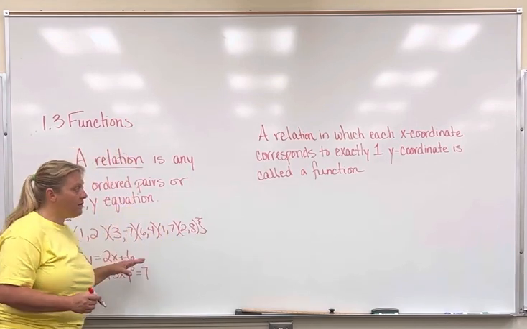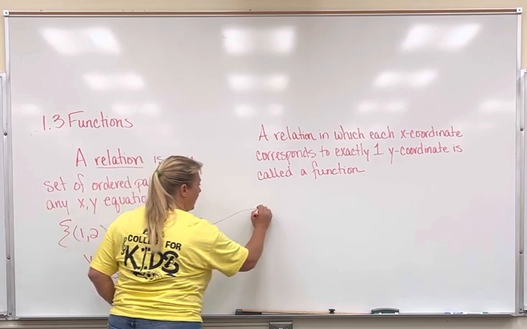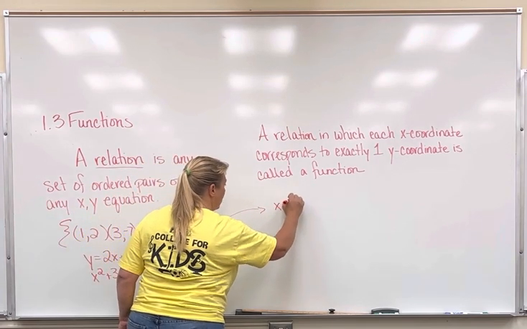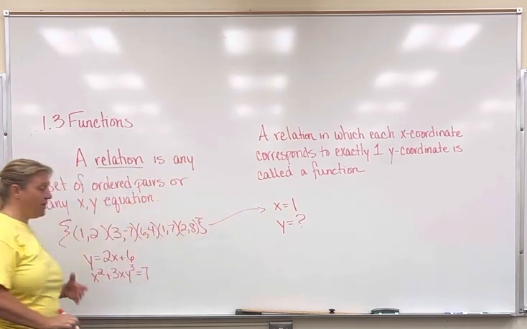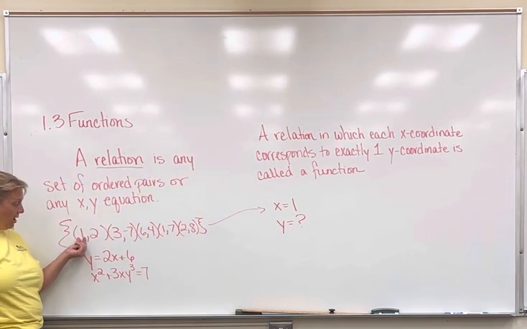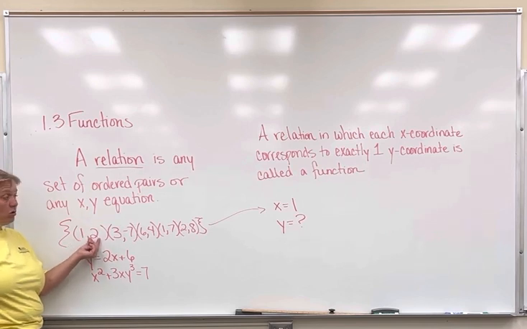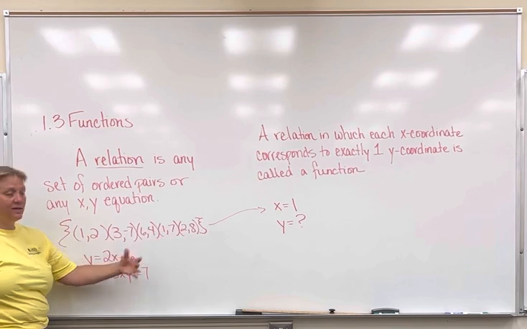And so coming back over here to our relation, the first one that we wrote out with the x, y points, in this case, if I said x equals 1, I'm interested in what y would equal. Now there's a little bit of a problem here because right off the bat, we have 1 corresponding to 2, but a little bit further down, we also have 1 corresponding to 7.